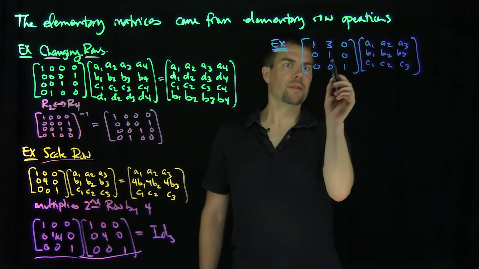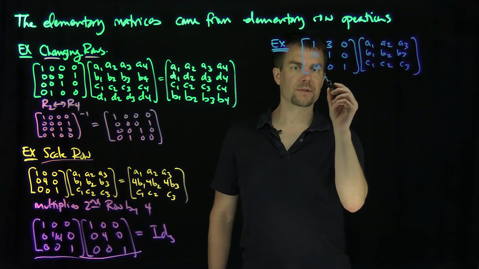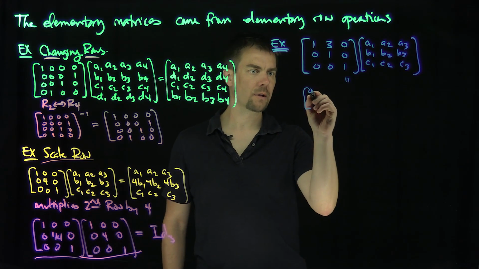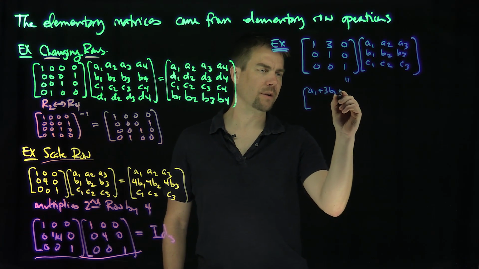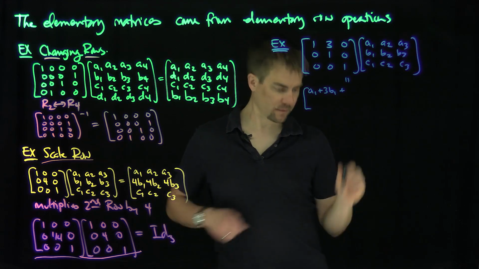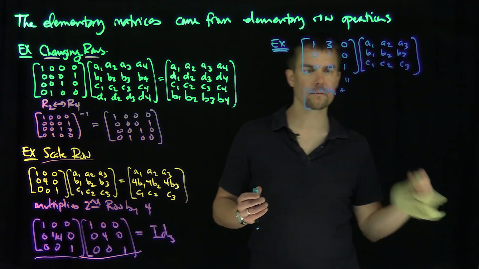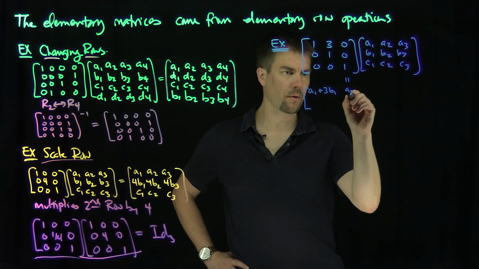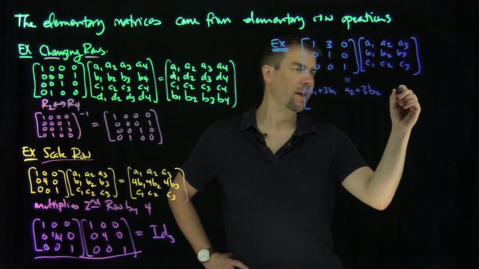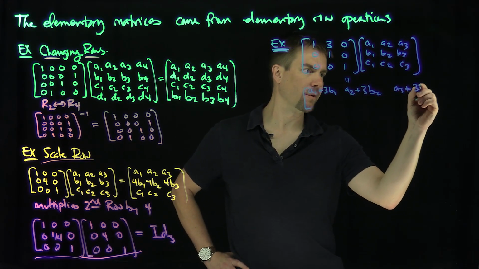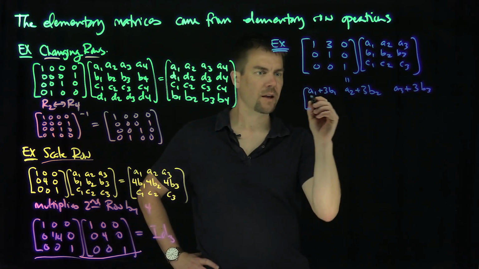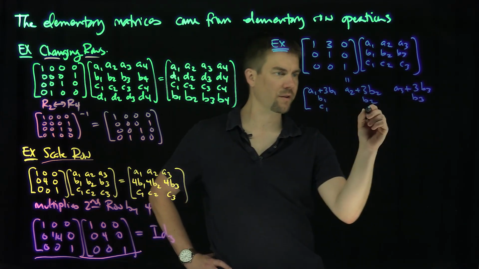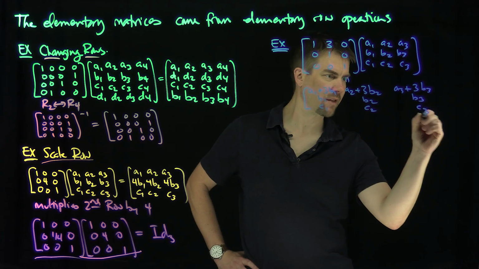Well, notice that the second row and the third row would stay the same, but the first row would correspond to A1 plus 3B1, then the next entry would be A2 plus 3B2, and then A3 plus 3B3. And then B1, B2, B3, C1, C2, C3, right?